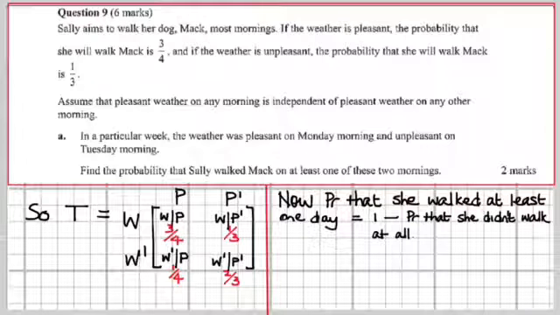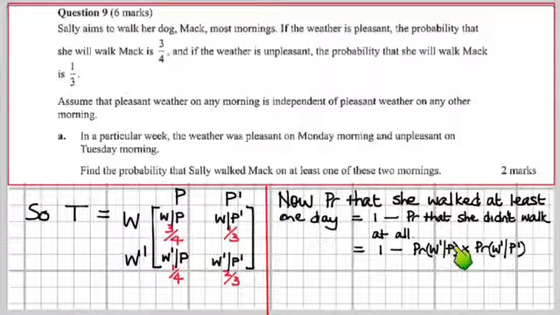So the probability we require is 1 minus the probability that she didn't walk on the Monday given that it was pleasant, times the probability that she didn't walk on the Tuesday given that it wasn't pleasant, and we can just look these up from our transition matrix, no problem. So didn't walk given it was pleasant is 1/4, and didn't walk given that it wasn't pleasant is 2/3. There it is, guys.